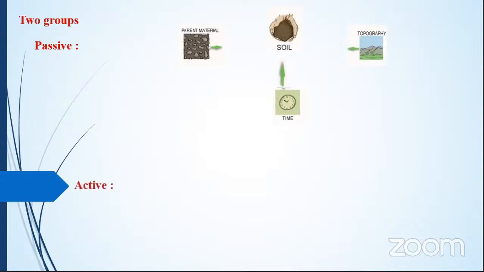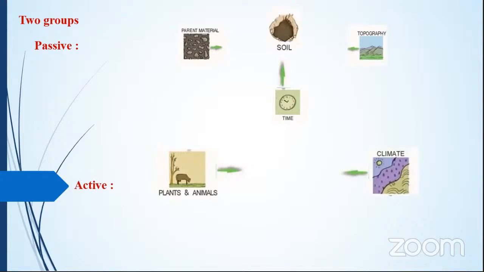And another one is active soil forming factors. What are those? Students, remember this, because in recent times they are focusing mostly on fundamentals only. The active soil forming factors are, very first, plants and animals, that is organisms, and another one is climate. Both in combination will form the soil. So these are the passive and active soil forming factors.